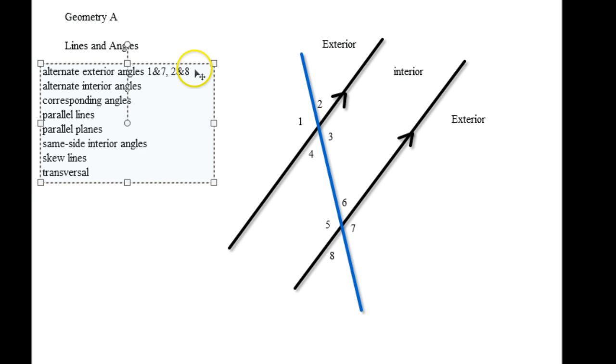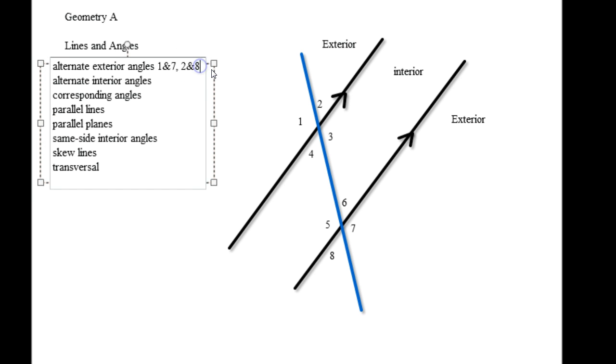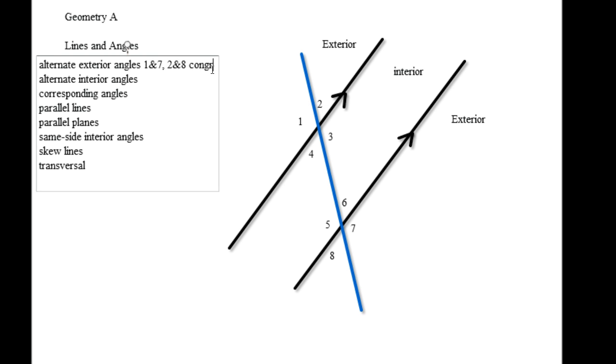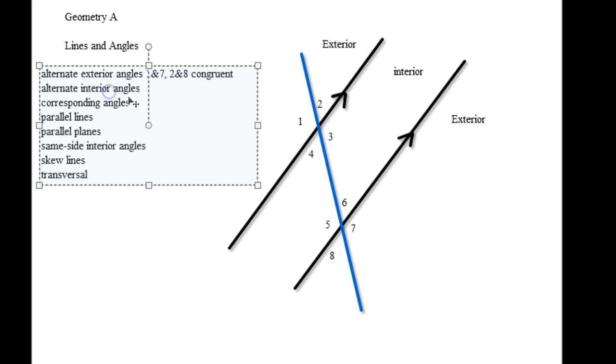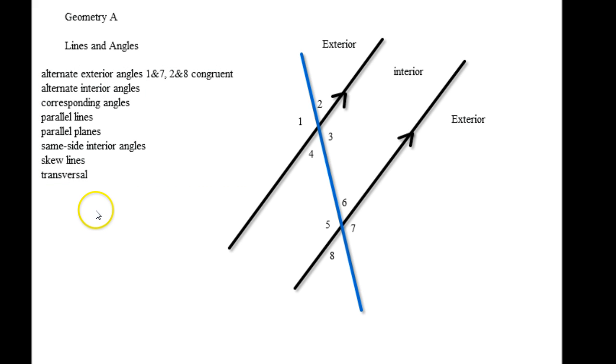Just for clarification, that means those are congruent. So when you have alternate exterior angles, you're going to have congruent angles. I'm going to use red for those: angle 1, angle 7, angle 2, and angle 8.